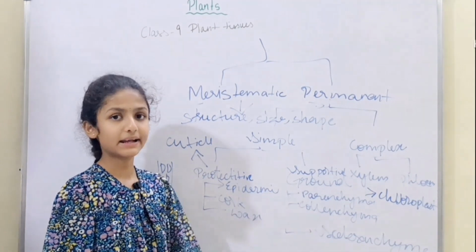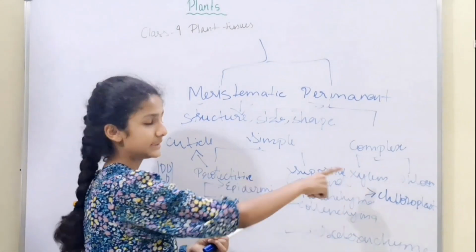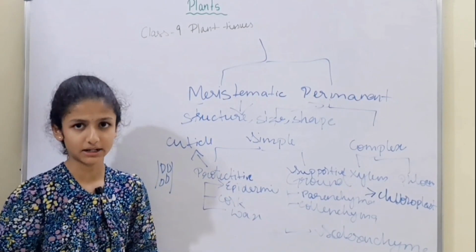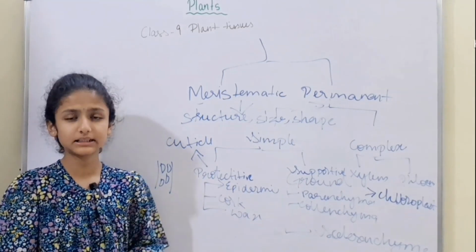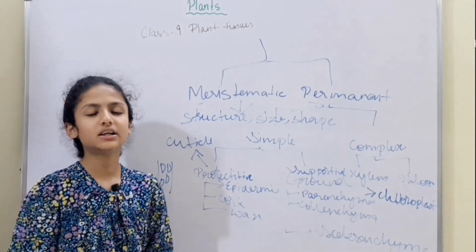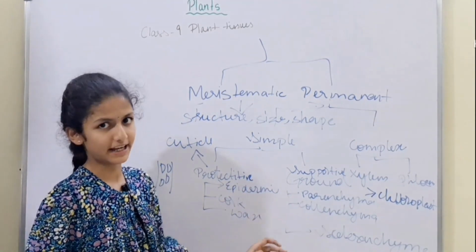Now let us see parenchyma's functions. It stores food. It is the seat of photosynthesis in chlorenchyma in leaves, as it has chloroplasts. Also, in aquatic plants, it has air spaces. So these are the different functions of parenchyma.